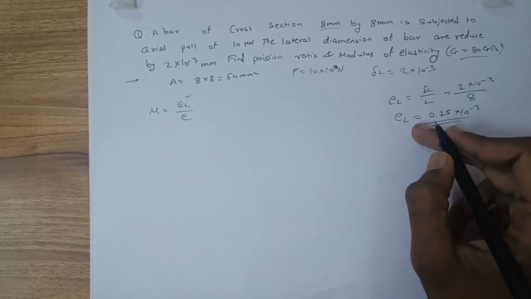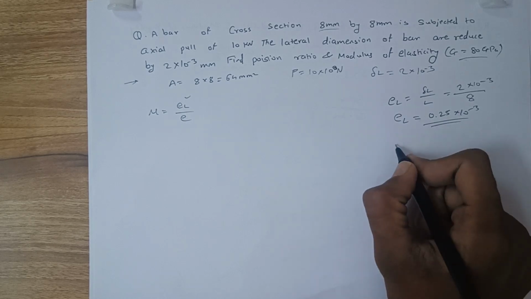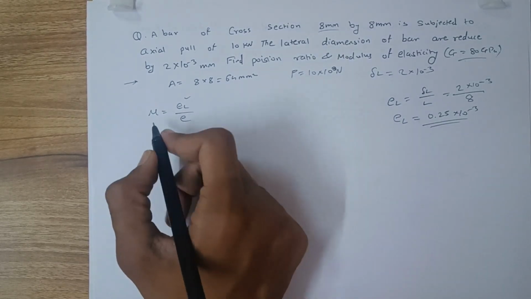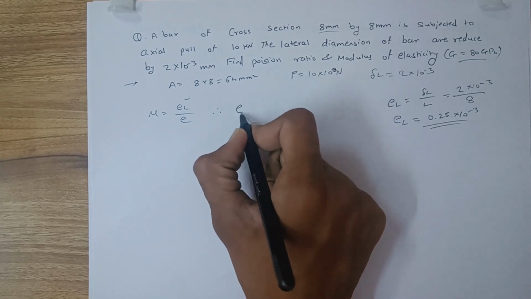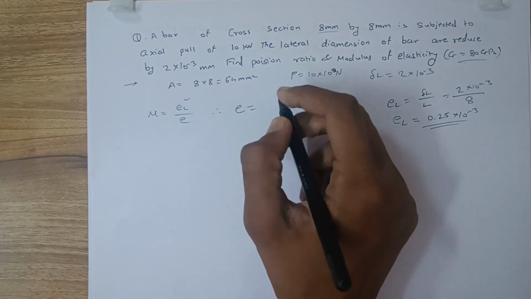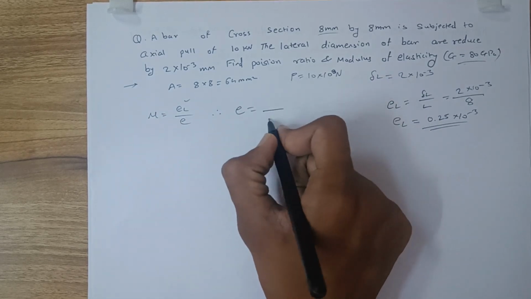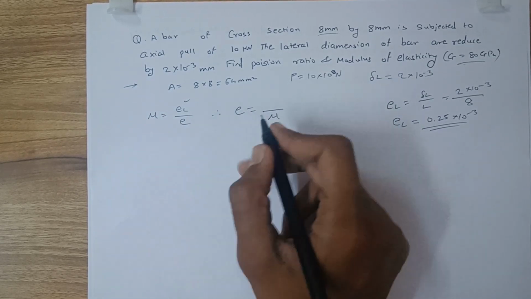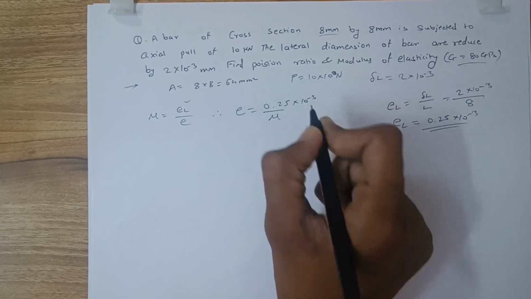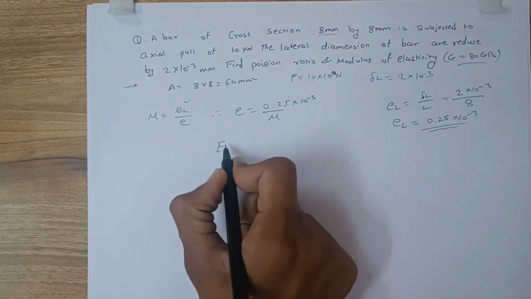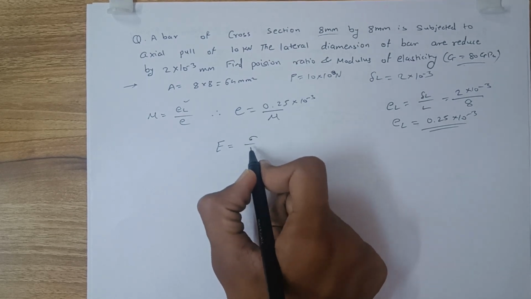This is the lateral strain. Now we put the value here, and E is equal to, this E will go here and mu is here, so mu times the linear strain is equal to 0.25 into 10 raised to minus 3. Now the formula of Young's modulus is stress upon strain.